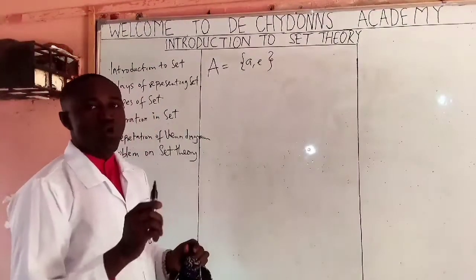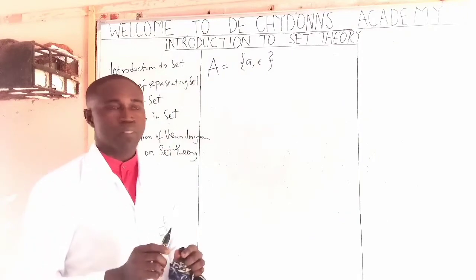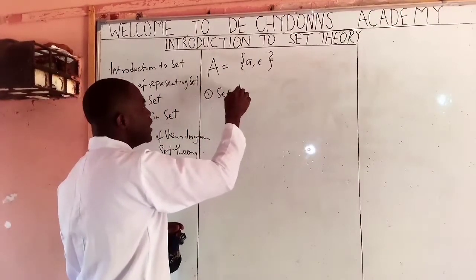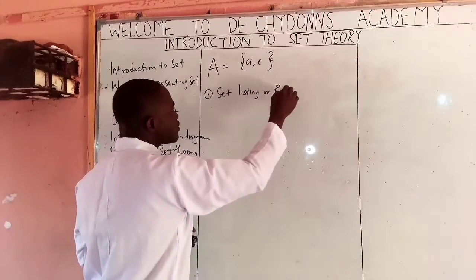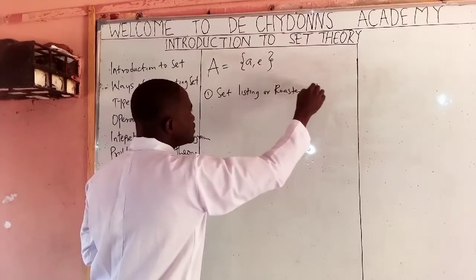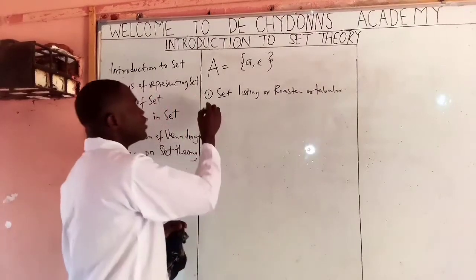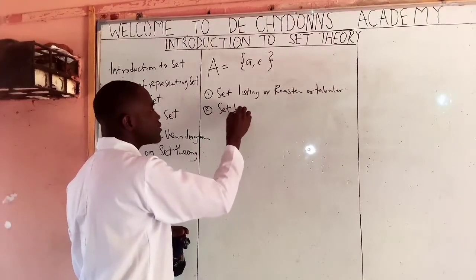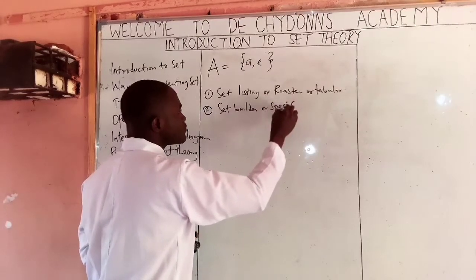Now, there are two ways of representing a set. One of the ways is the set listing, or roster, or tabular method. And the second way is the set builder, or specifier method.